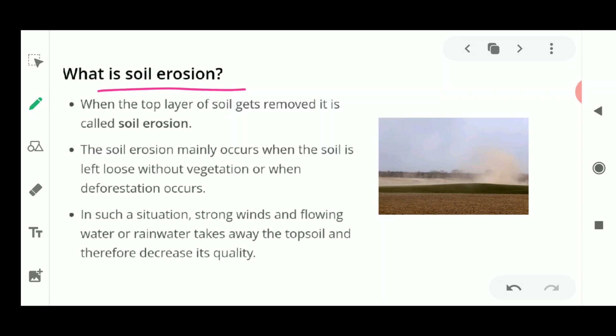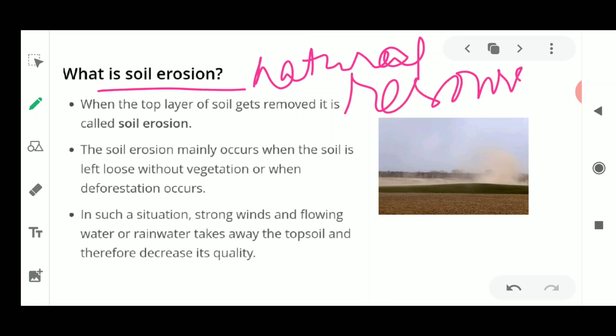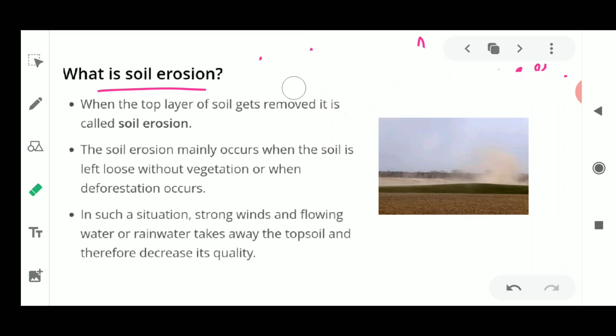Okay, now I'm just going to tell you what soil erosion is. Now, as you know, soil is a very important natural resource, and it is formed by the process of weathering. Because of this natural process, the soil is present in the form of fine powder in the area where it is being formed, and it is going to lie there.